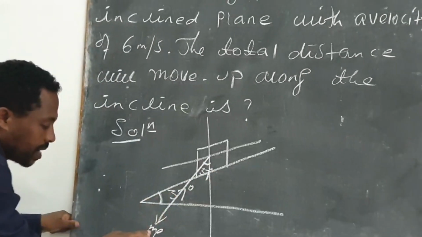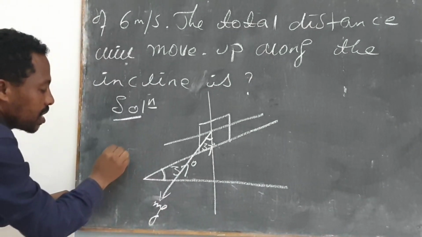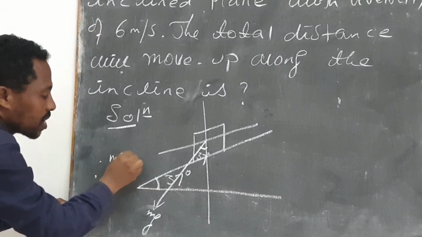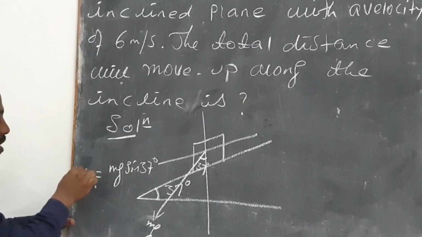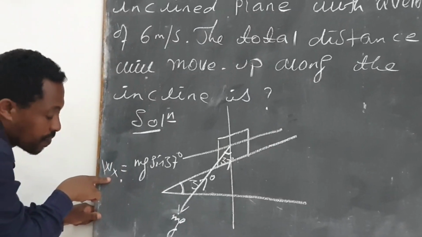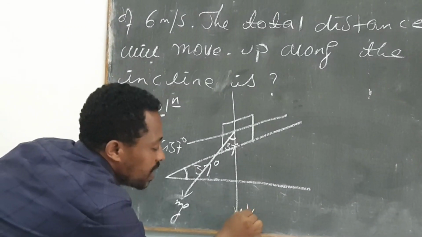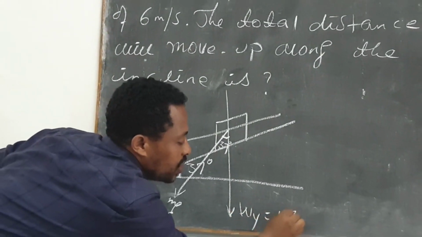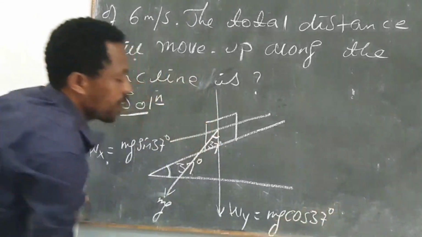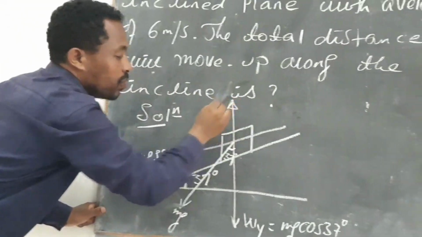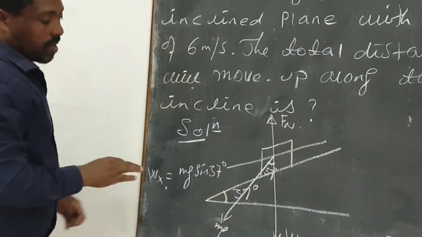Great. Now the x component of mg is mg sine 37 degrees. Let it be Wx, the x component of the weight of the object. Its y component is mg cosine 37 degrees. And don't forget this is the normal force.